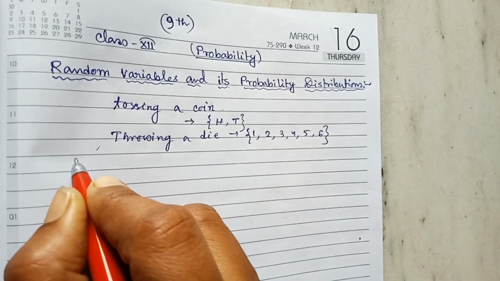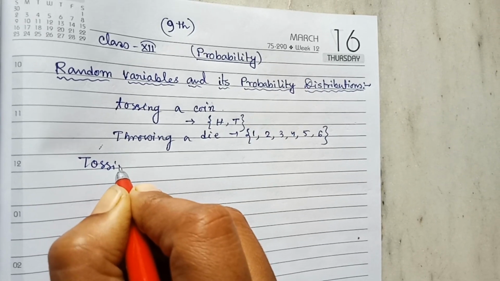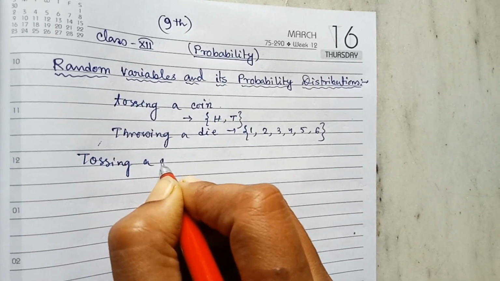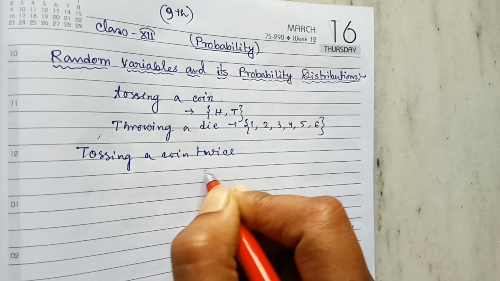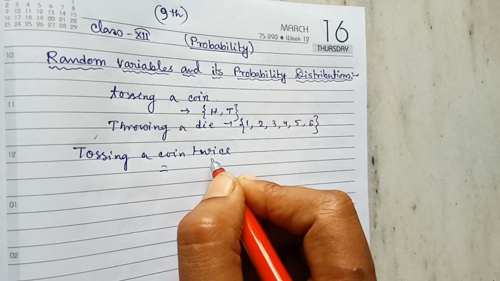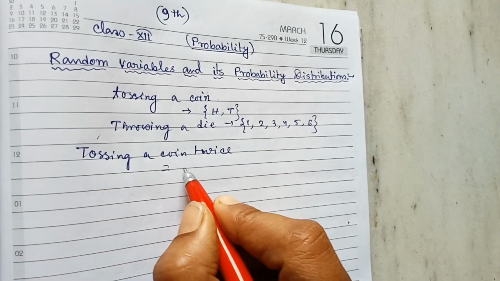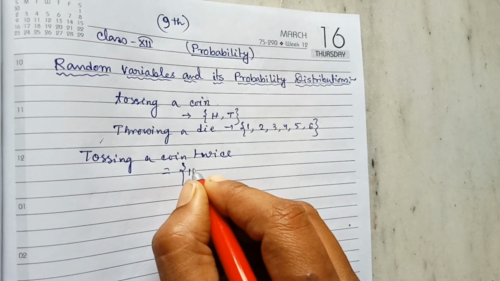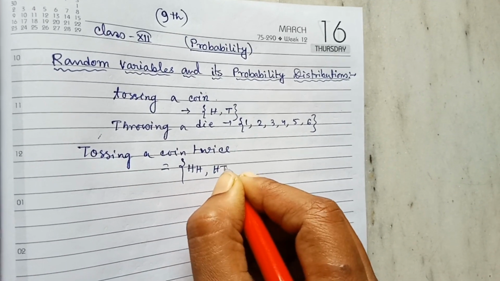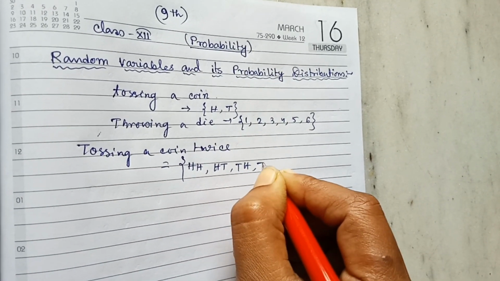But suppose there are some experiments like tossing a coin twice. I'm taking twice, you can take more than 2 times. The same concept will be there. So it's HH, HT, TH and TT.